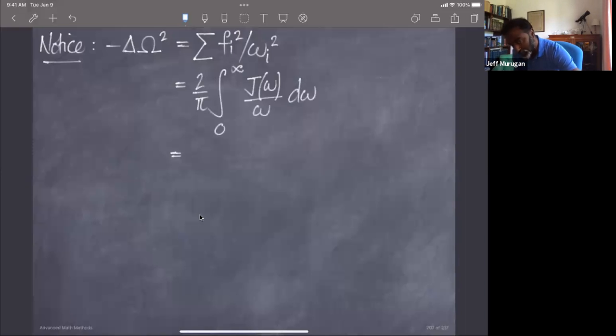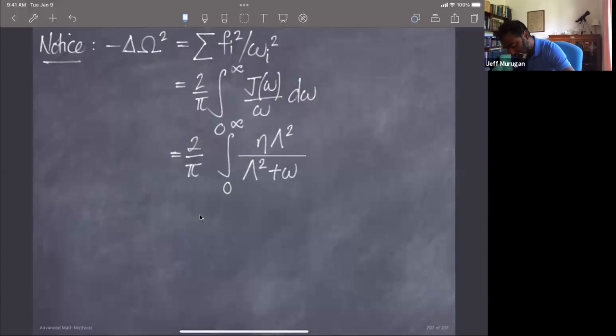Using the expression that we have for the spectral function, this is just 2 over pi times the integral from 0 to infinity of eta lambda squared over lambda squared plus omega squared, integrated with respect to omega, which is just eta times lambda.